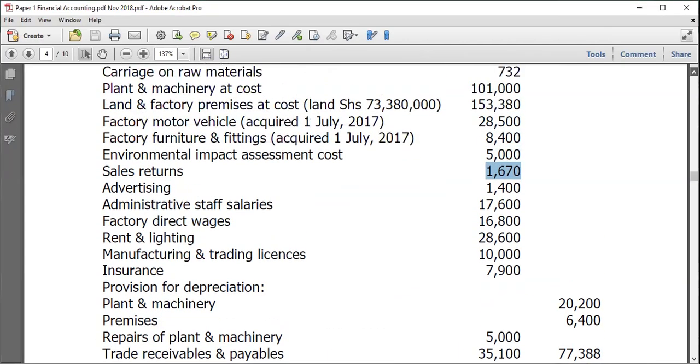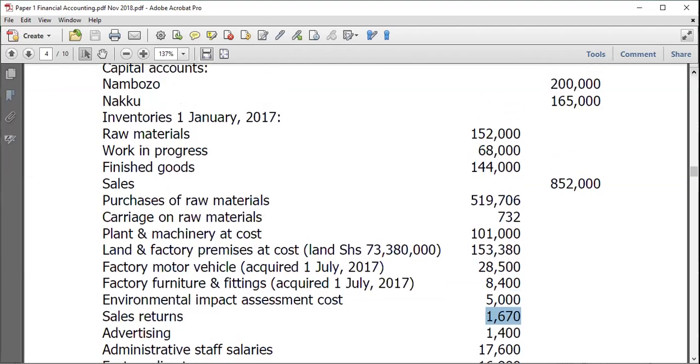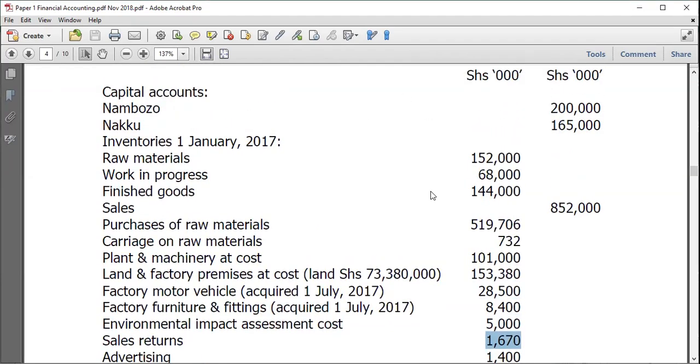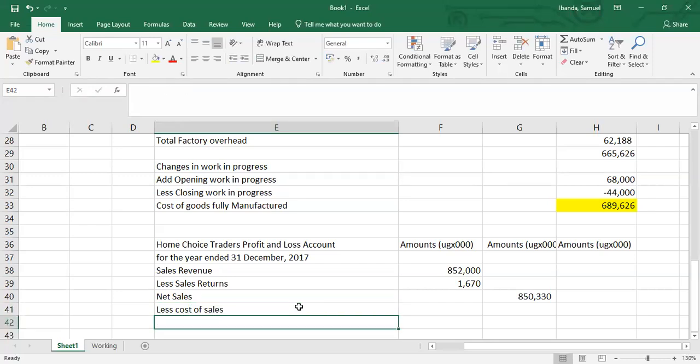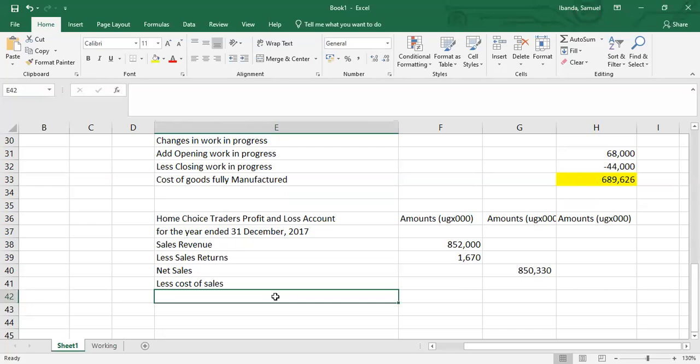So cost of sales, we are first going to use this information, this opening stock of finished goods. So you have, the first thing that you do is you have opening stock of finished goods. That is the first thing we do with the cost of sales.